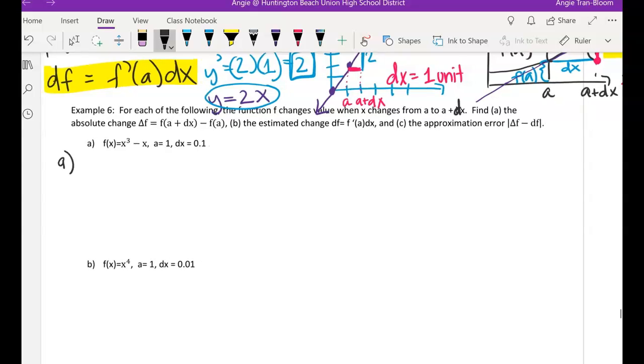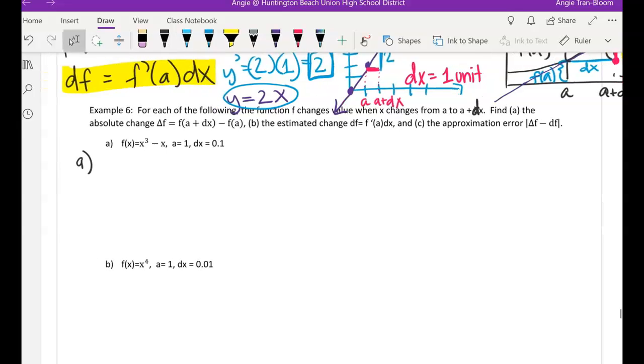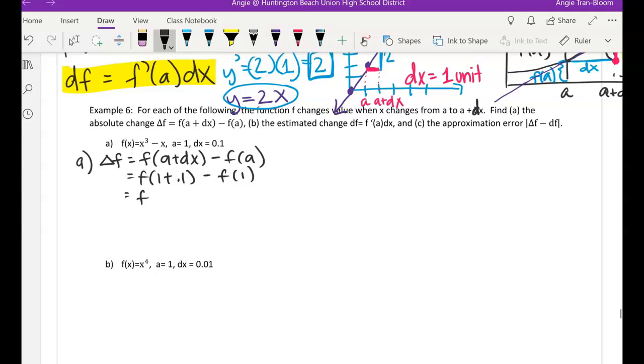So part A, we want to find the actual change, the absolute change. So the actual change is y2 minus y1. In this case, it's f of a plus dx minus f of a. And they gave you a is 1, dx is 0.1, minus f of 1. So this is really f of 1.1 minus f of 1. And then we just have to plug it in. So first bracket, 1.1 to the third minus 1.1.